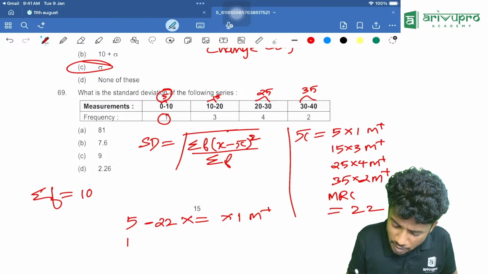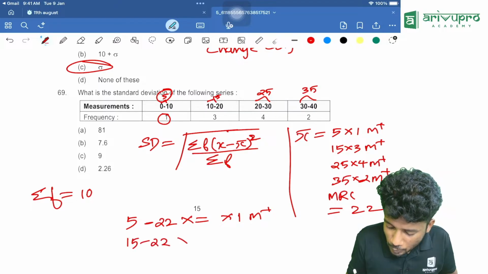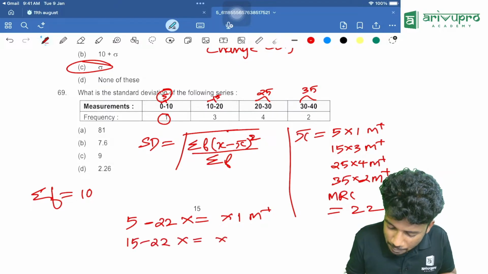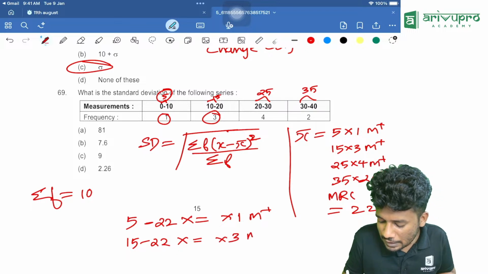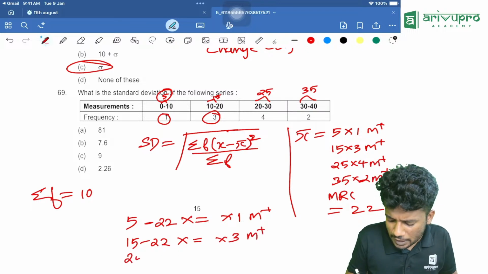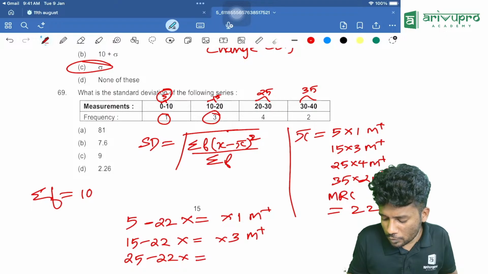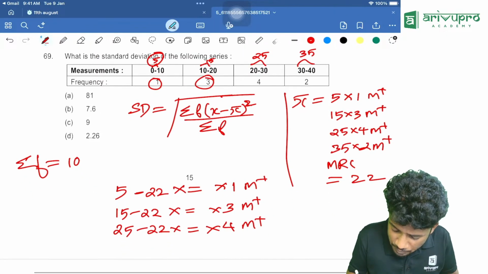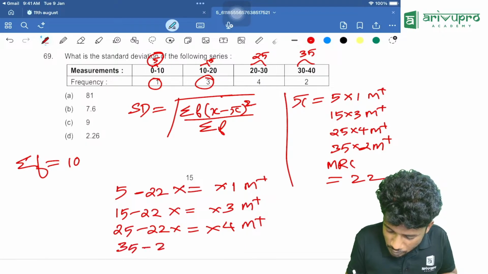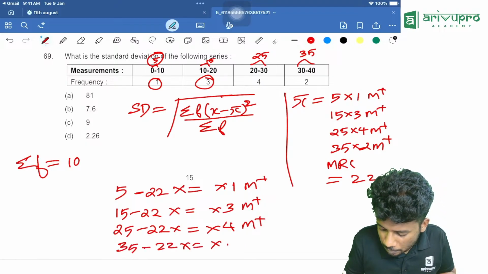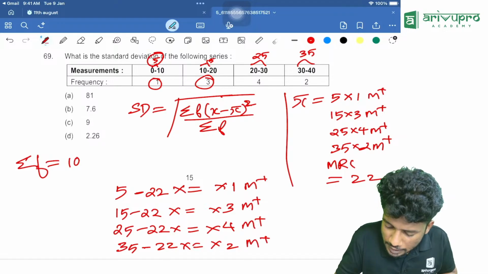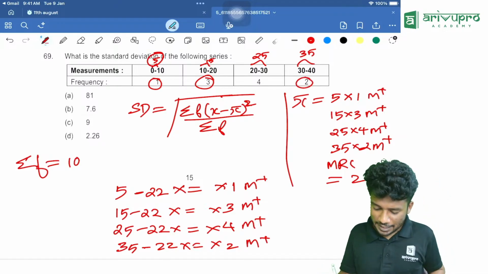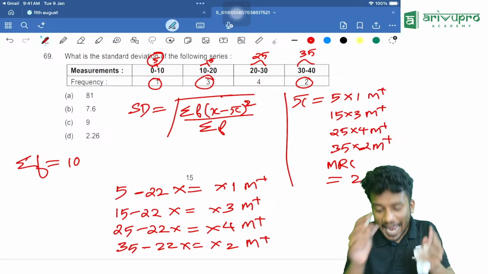Then the second one is 15 minus 22 into equal to, multiplied with the frequency 3, then click M plus. Then 25 minus 22 into equal to, multiply with 4, then click M plus. Then finally 35 minus 22 into equal to, multiplied with 2, then click M plus. Why 2? Because the frequency is that much. Then finally we need to add everything.